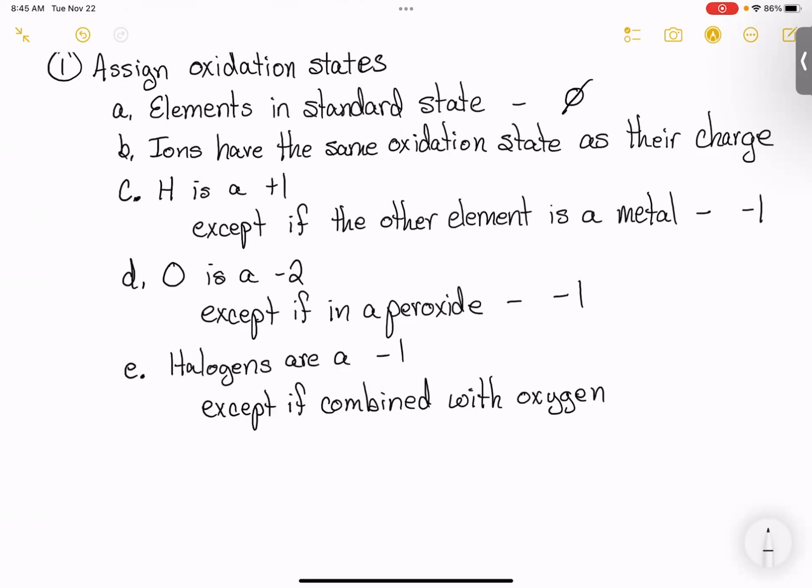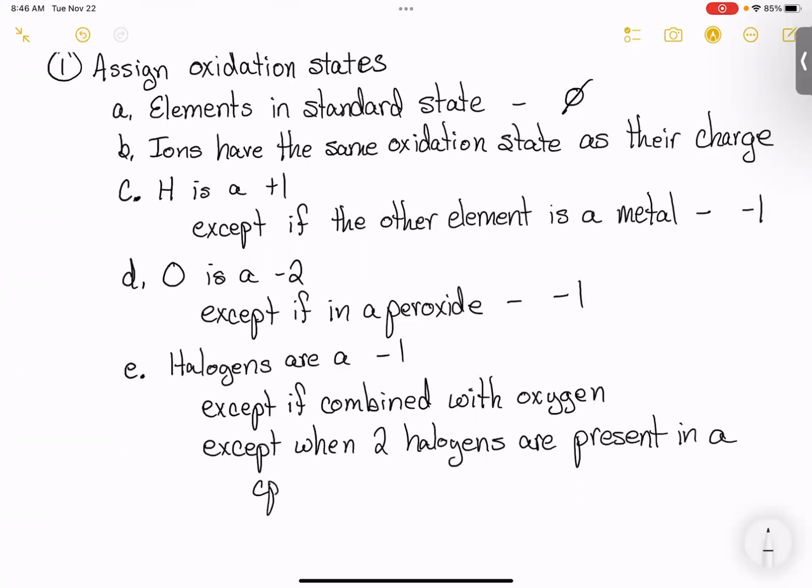And the other exception is when two halogens are present in a compound, then the smaller halogen in size is a -1.